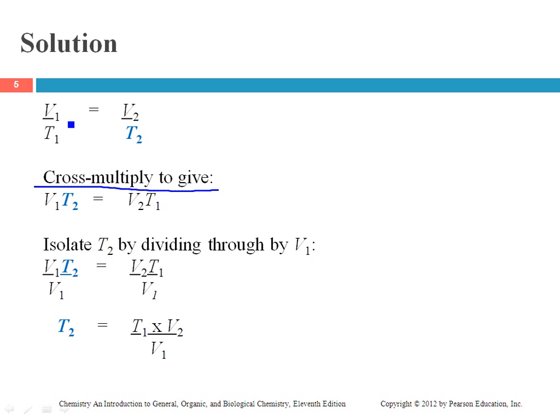So V1 T2 equals V2 T1, which I showed you a few seconds ago. Now we can solve for T2 by dividing through by V1, and we just rearrange. So T2 is equal to T1 times V2 over V1.